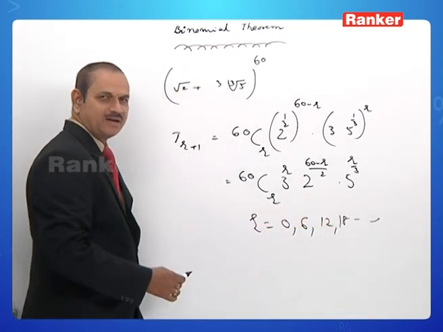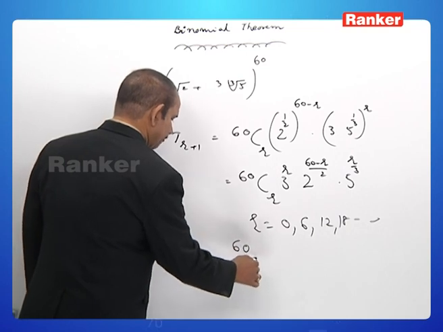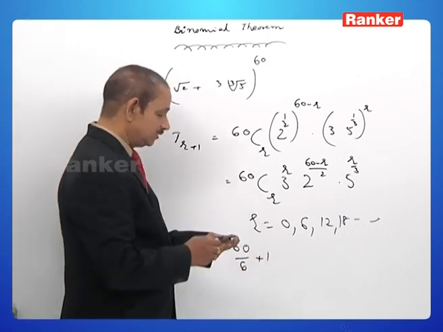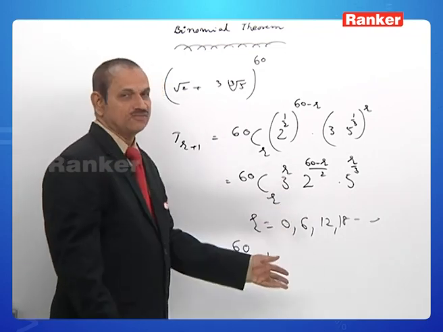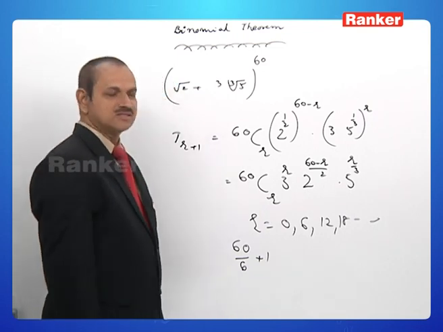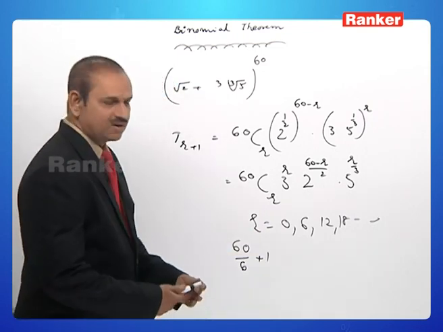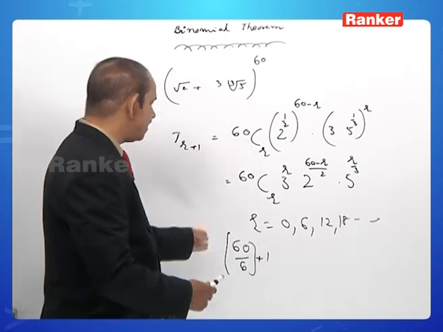How many will there be in number? It's very simple: 60 by 6 plus 1. Why plus 1? It is true when r is 0 also, isn't it? Yes, of course, since the answer is 60 by 6 plus 1. What is the integral part of 60 by 6 plus 1? It is 10 plus 1.